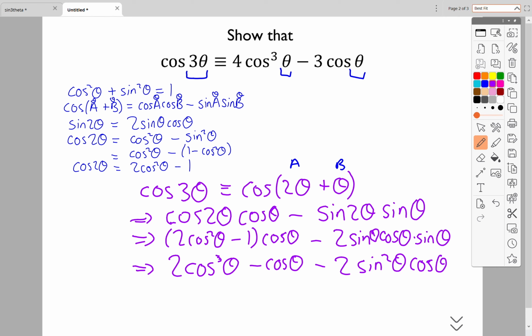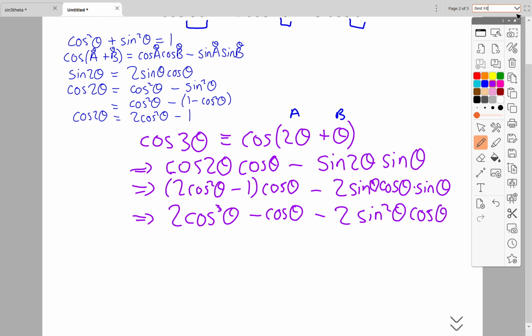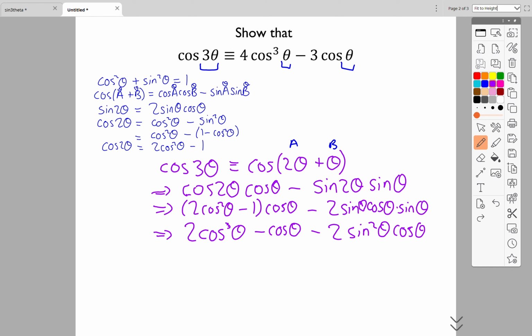So if we want to replace that sine squared theta, we can then use that first identity. We've already had a bit of practice with that, so we know that we could say that sine squared theta is equal to 1 minus cos squared theta.